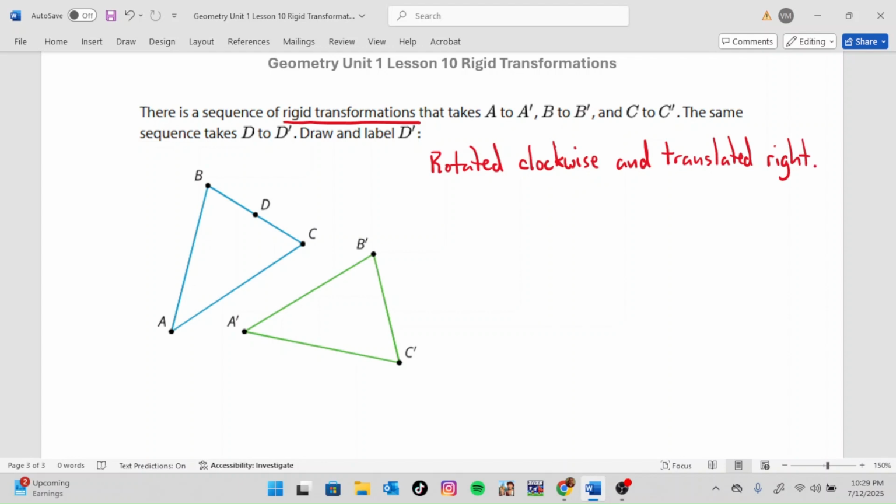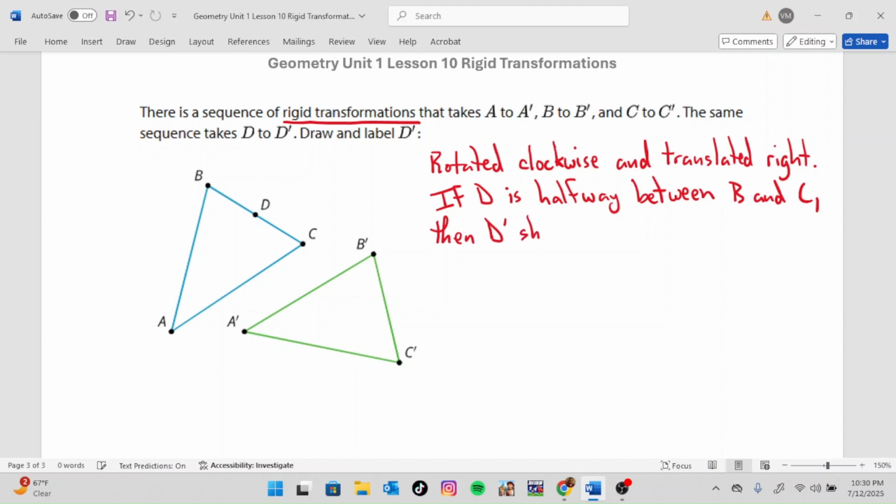So if D is halfway between B and C, then D prime should be halfway between B prime and C prime.